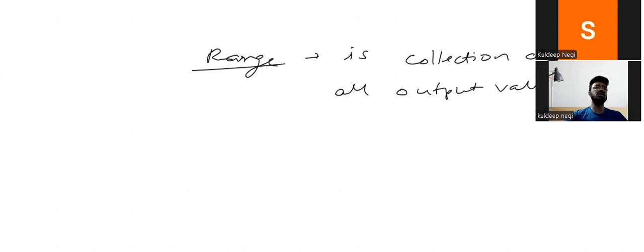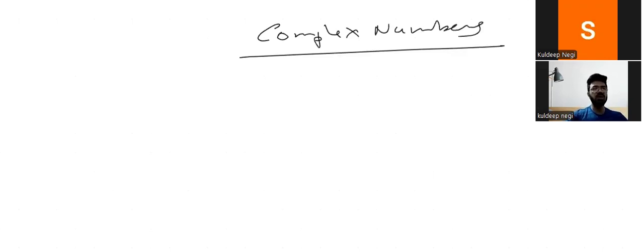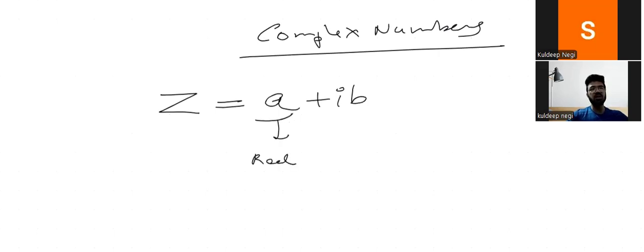Next topic, the last one for the algebra, is complex numbers. Now, how to represent a complex number? A complex number can be represented by z equals a plus iota b. This part is the real part of a complex number, and this is the imaginary part.